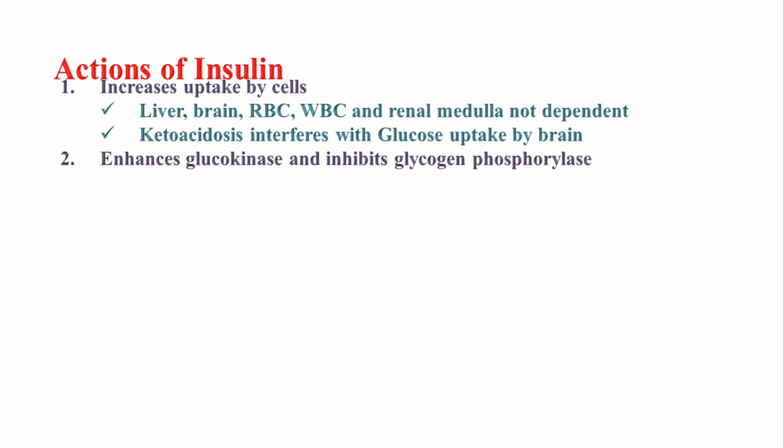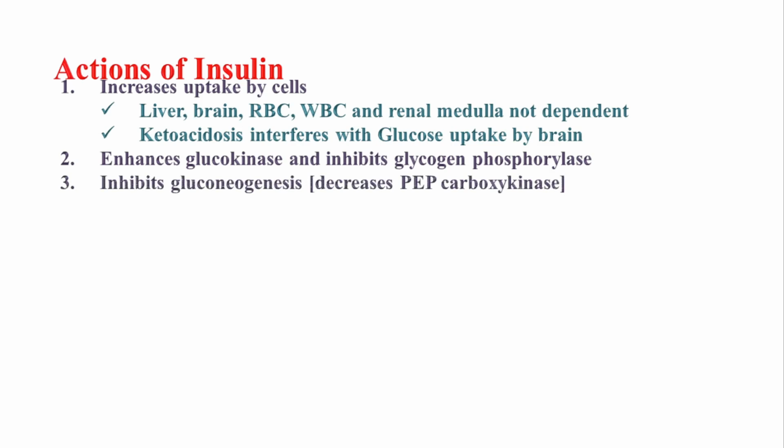Simple. Not only this, insulin will instruct the cells to decrease PEP, phosphoenolpyruvate carboxykinase enzyme, and inhibit new glucose formation, no gluconeogenesis. Well, glucose is abundant. Why use fats? Inhibit lipolysis and promote triglyceride synthesis so that fat stores in the body increase.